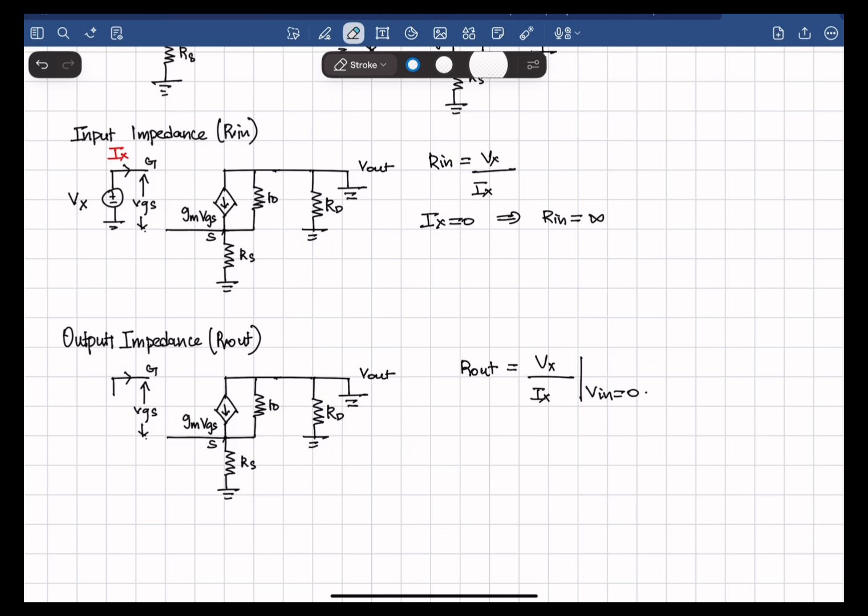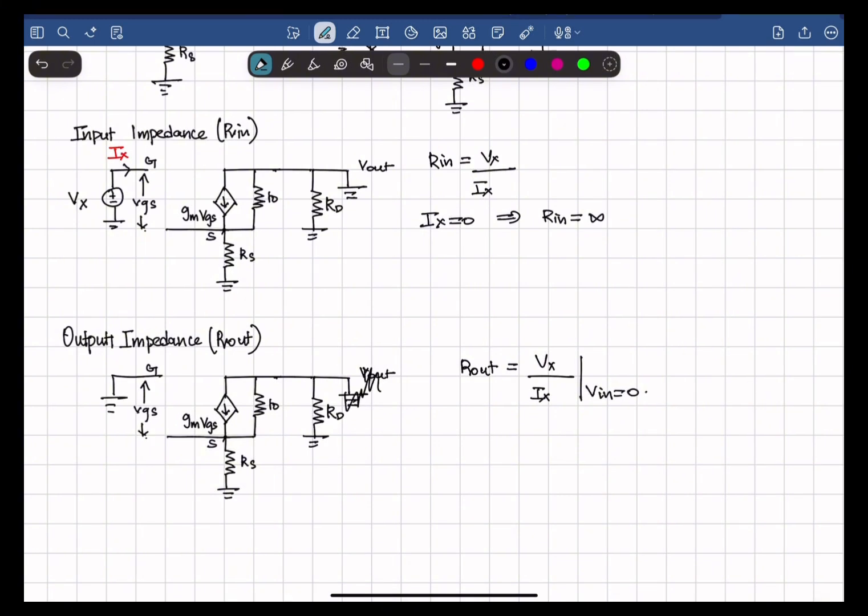The gate terminal will be grounded, and we will be injecting a test voltage Vx, and the corresponding current is Ix.